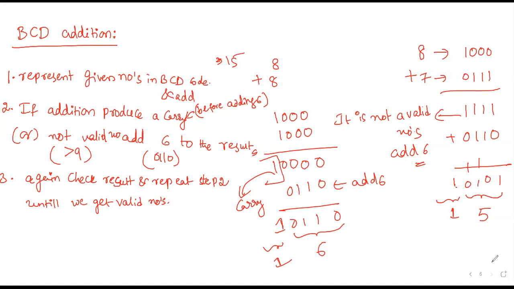So we'll go with one more example. I want to add 98 plus 37. First, step 1, represent 98 and 37, both in BCD code.